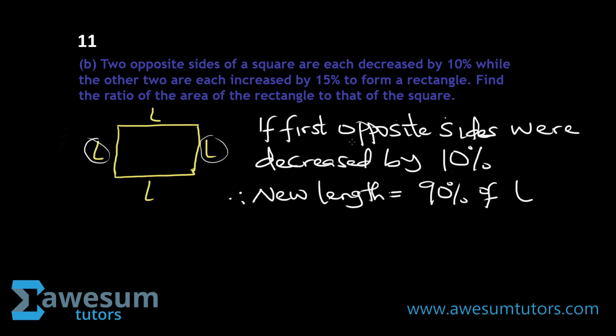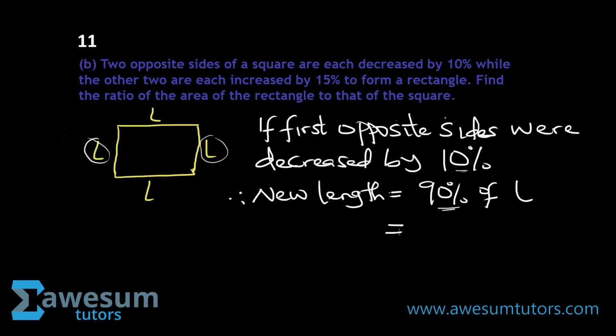If you decrease them by 10%, that means you'll be left with 90%, right? Because percent is 100, so 100 minus 10 is 90. So you'll be left with 90% of L.